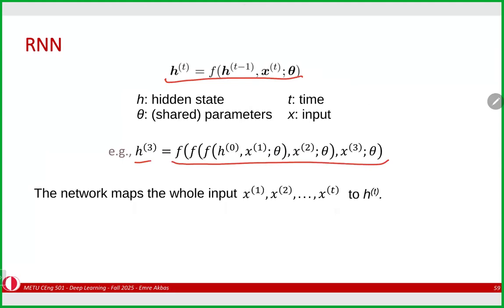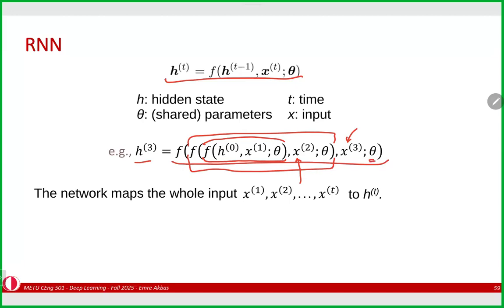At the beginning, we have this f with hidden state 0 and the first input, and then the output of this is processed by the second call of the same function with the input at time 2, and then the output of this again is processed by the same function f with x3, and each call of f uses the same parameters.